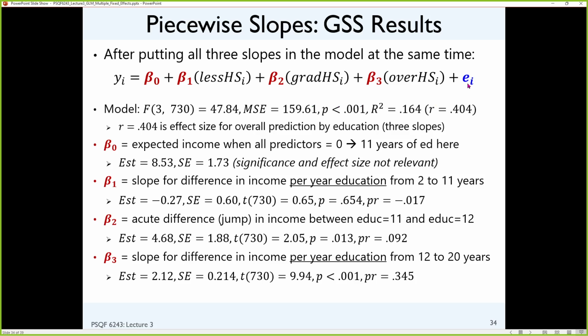And then E, because the model's not perfect. So if this model is useful, what we would see is that the variability of the E's, and what is that called again? We'll do a little vocabulary review here. The variability of the E's is called what?